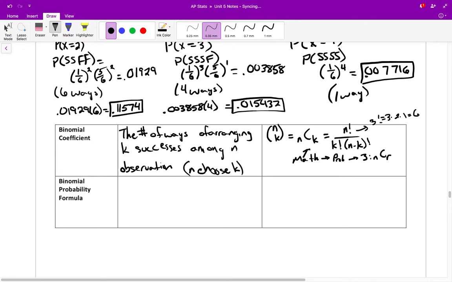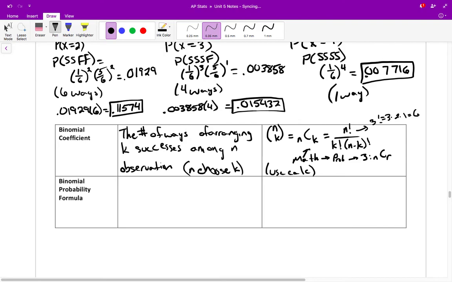So your calculator uses r instead of k. It still works just the same. And if you wanted to calculate it using factorials, you can see that the factorial button is just option number 4. But the good news is we're going to be using our calculator pretty much any time we need to calculate this. So again, you go to Math, over to Probability, and option number 3 would let you type in your combinations.